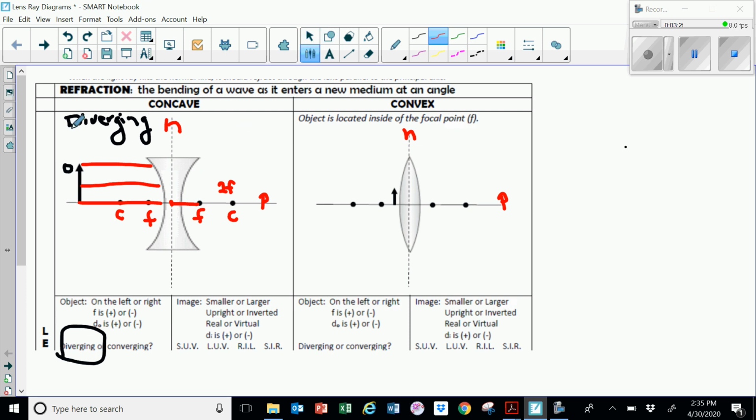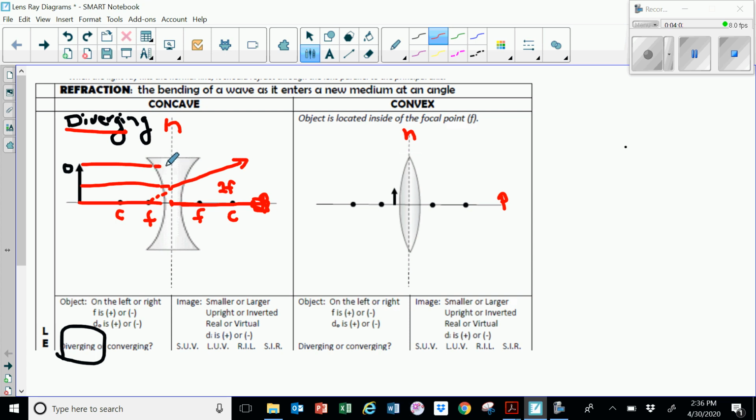So this is a diverging lens. That means if a ray of light strikes this lens at an angle, it's going to diverge outward. The light here goes through the vertex, so it goes straight. But the light that strikes the lens at this position diverges outward, such that if you projected that ray backward, it would go through the focal point.